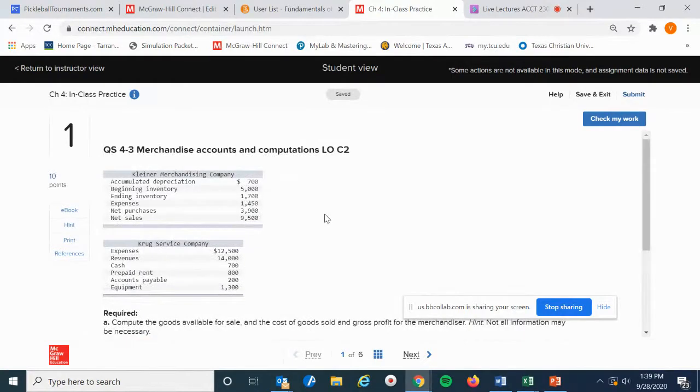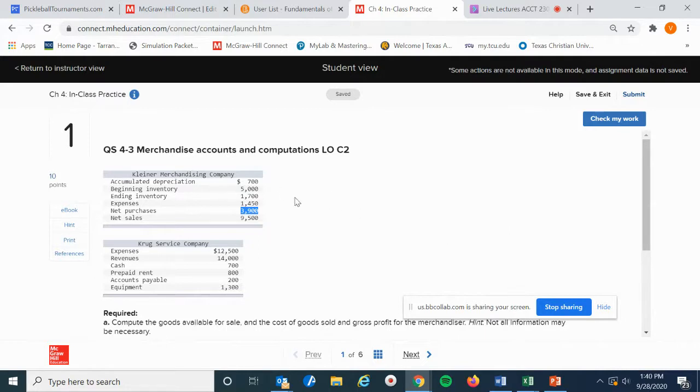Earlier in the PowerPoint presentation, we saw that the cost of goods available for sale is the cost of everything that the company has to sell to their customers. We start with the beginning balance of $5,000. To that, we add the net purchases, not the net sales, but this $3,900 of net purchases, just like supplies from the previous chapter.